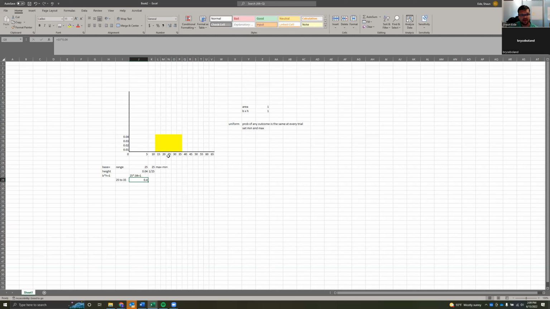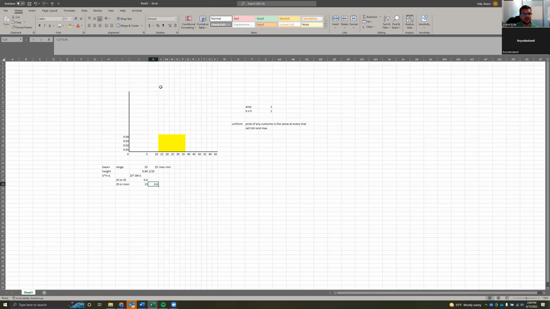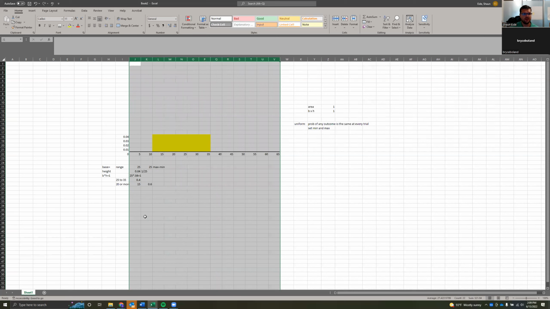What's the probability of having 20 or more? Well, the max that it can be is 35. So what we do for that is 35 minus 20, and that's going to give us 15. So there's a range of 15, so 15 multiplied by 0.04 gives you 60%. If you have issues with not being able to see everything, you can do this a little bit and then just increase the decimals.